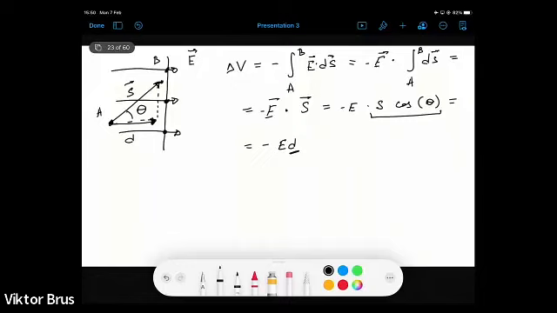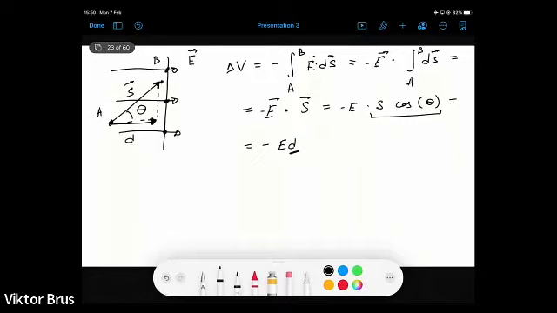So now let us consider one example when we have some conversion of electric potential energy into kinetic energy.